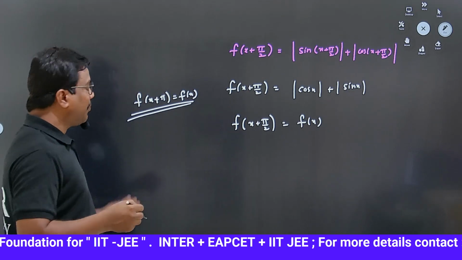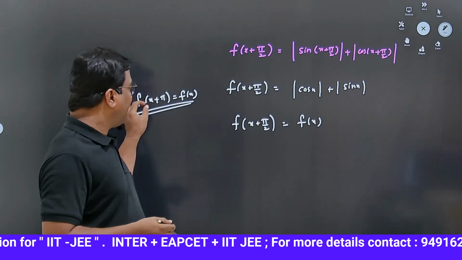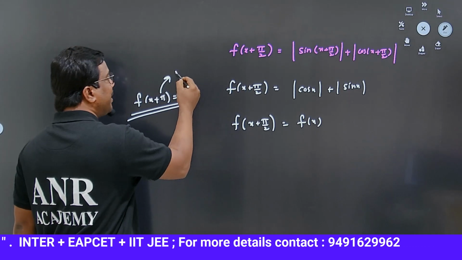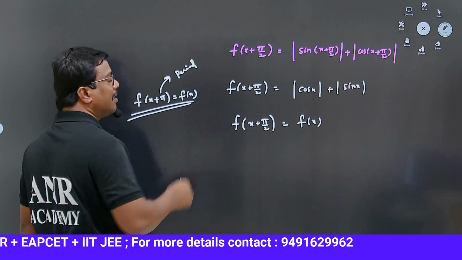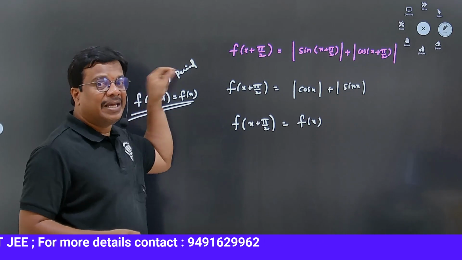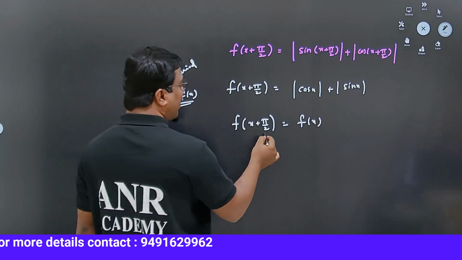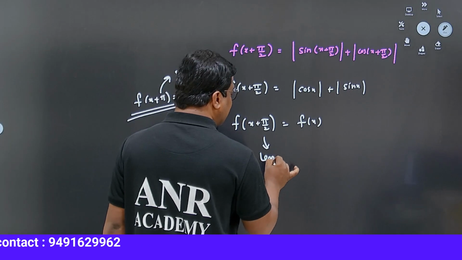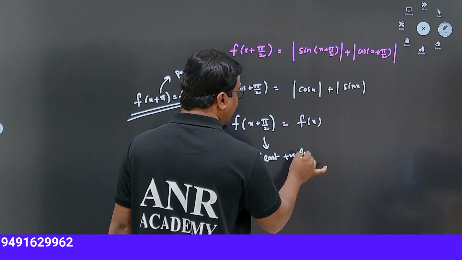And what we discussed: if f of x plus pi equals f of x, you can say pi is a period but not the fundamental period, so you have to cross-check whether there is a value less than pi or not. Yes, you got pi by 2 also a period of the function, and it is the least positive real number.